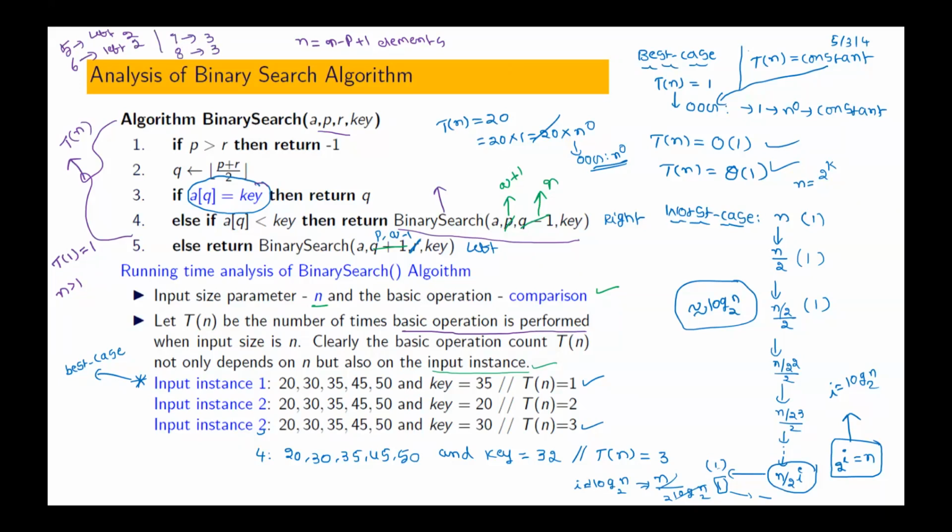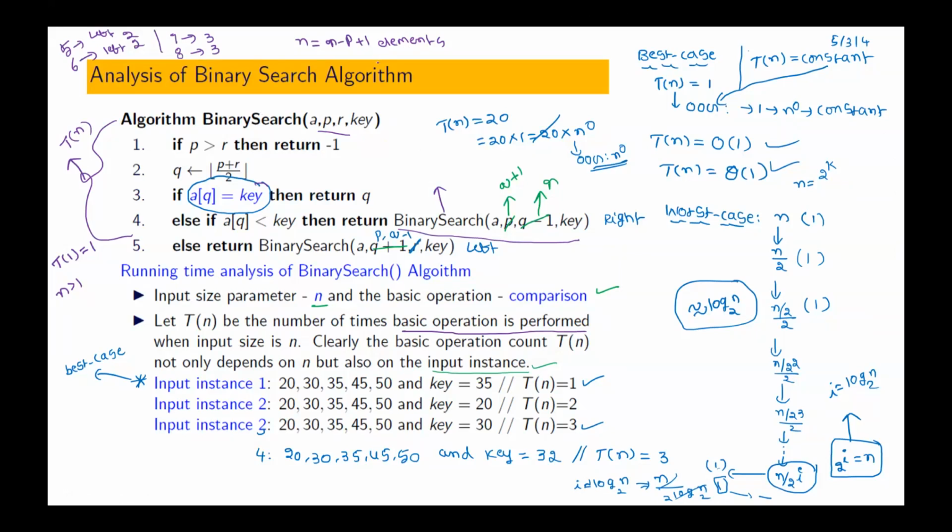Now can you tell me, if there are n elements in the array, how many elements will be on the left side?